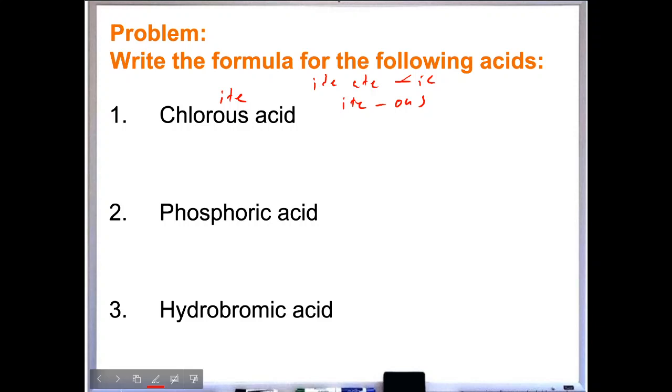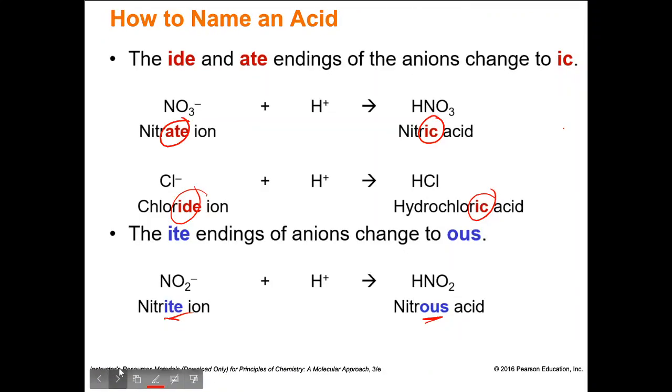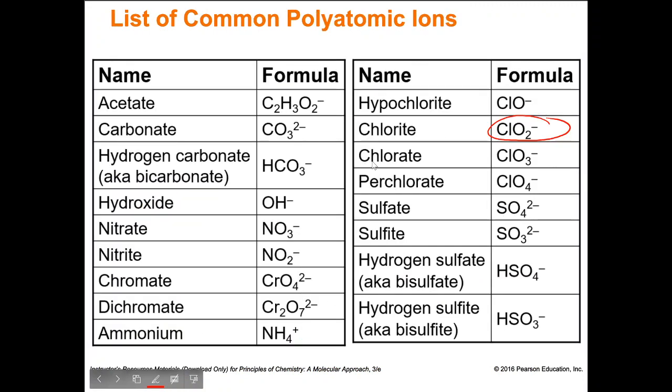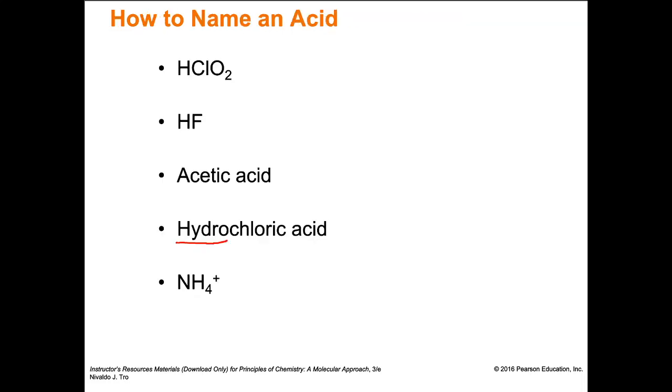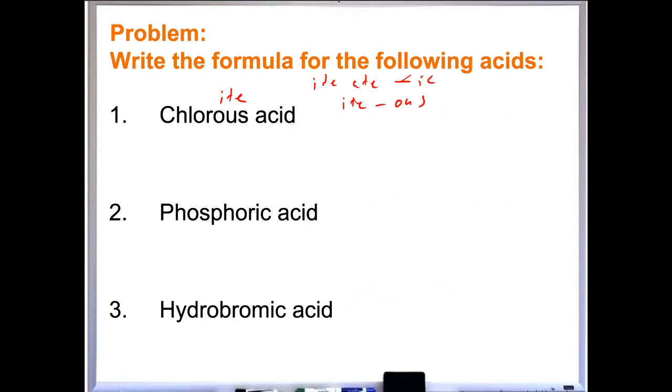Let's go back to our list of polyatomics. Chlorite, ClO2. We'll put a hydrogen up front to make it an acid. So H plus and ClO2 gives HClO2.